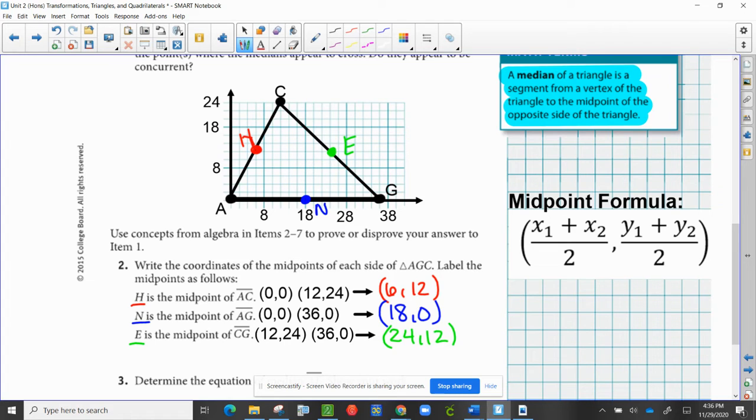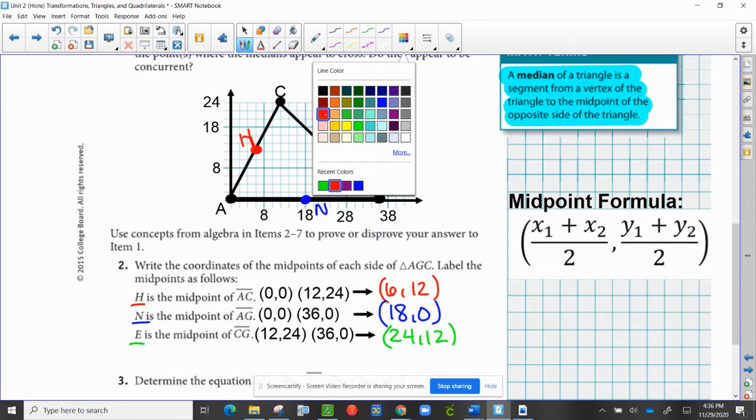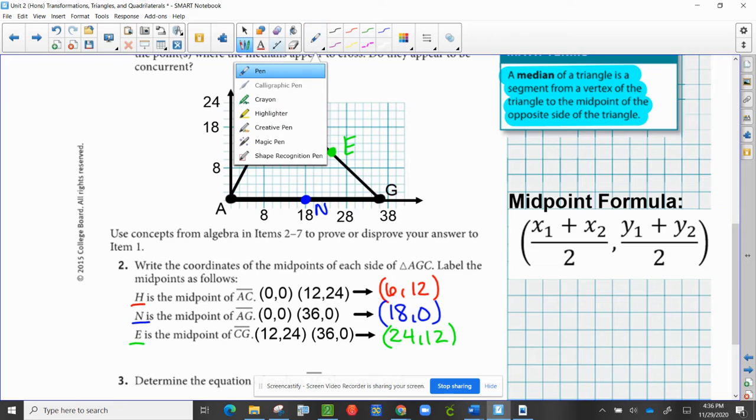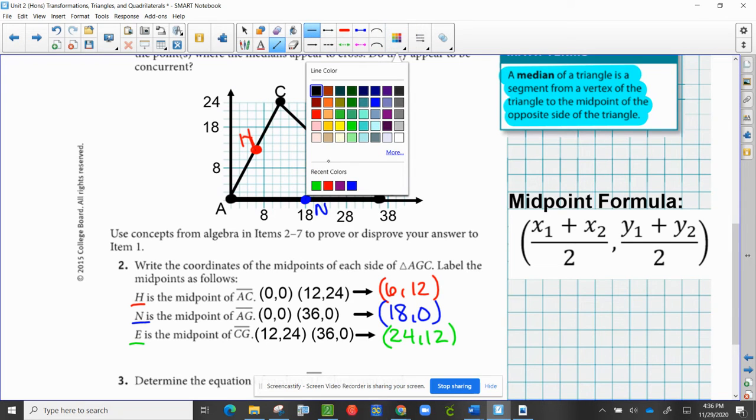Okay, so if we are going to draw in our medians, I would just have to go from that vertex here to that midpoint that we just drew.